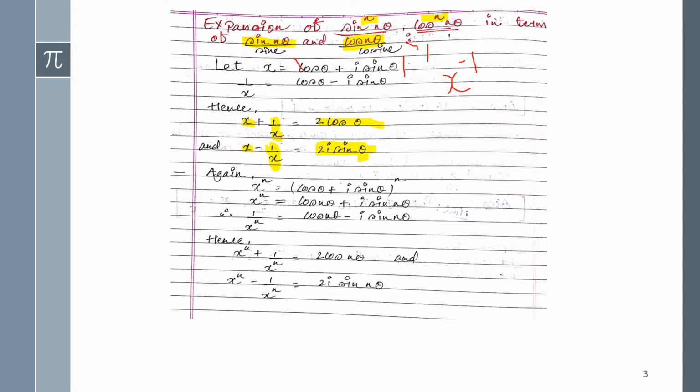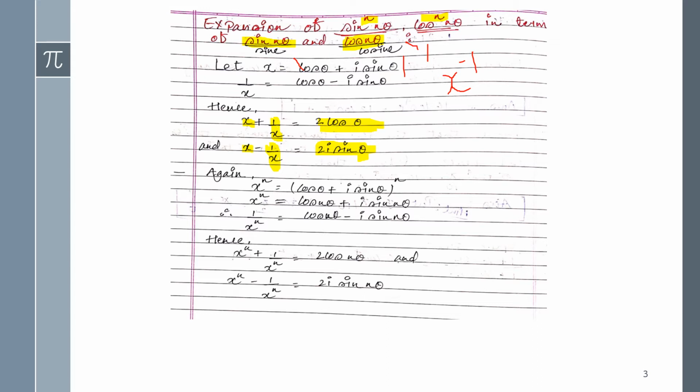So if the equation is in the form of cos, then first of all you have to find x plus 1 upon x. Again repeating, guys, if the equation is in the form of the cos theta function, then you first have to take the addition, that is, find the term x plus 1 upon x.